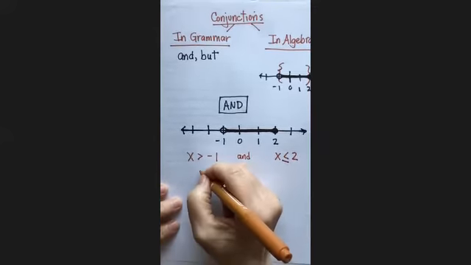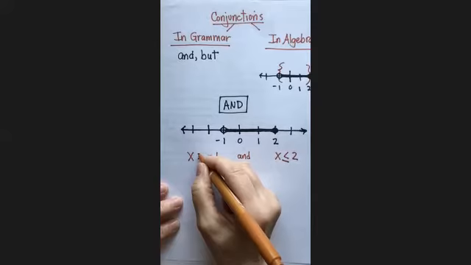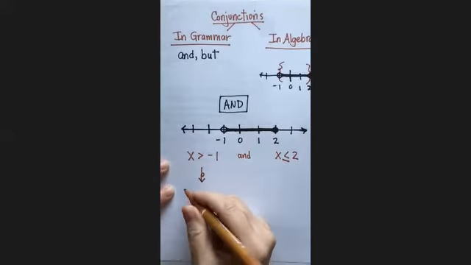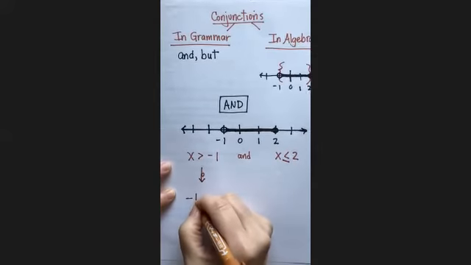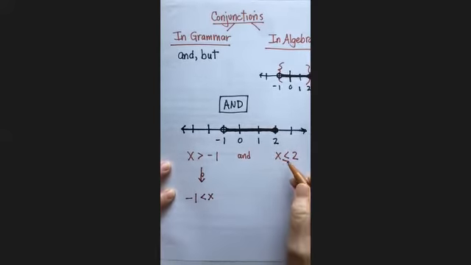Now, the thing is, this can be flipped around, and as long as the small part of the greater than sign is pointing to the same number, we can say -1 is less than x. And of course, over here we have x is less than or equal to 2.